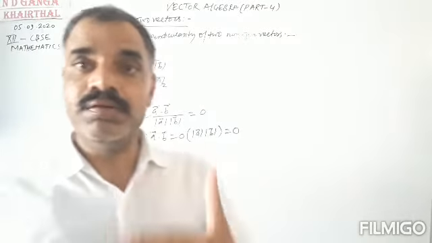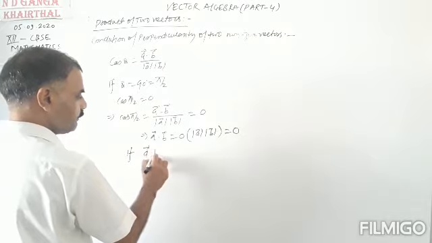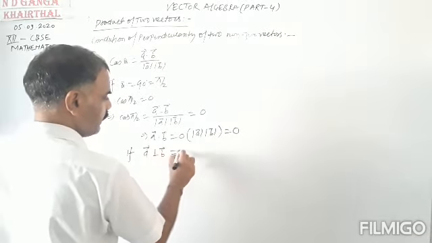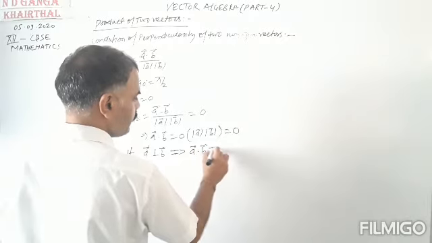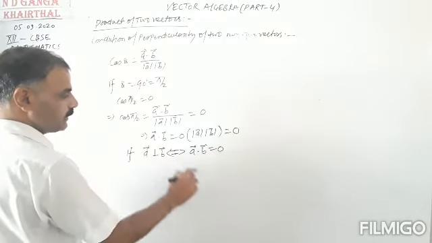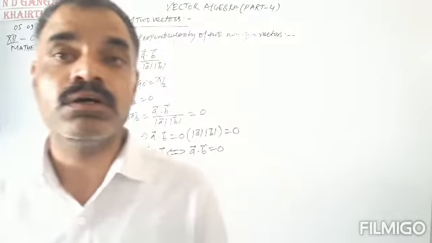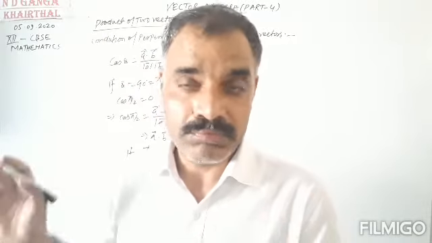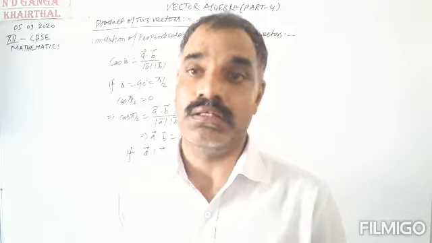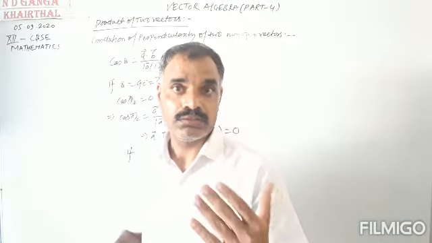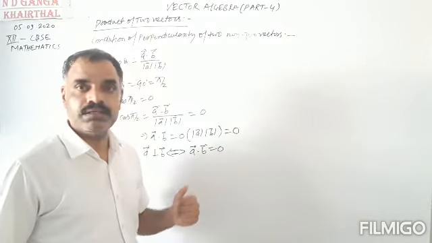If a vector is perpendicular to b vector, then a vector dot b vector is equal to 0, means dot product equals 0. Or if the dot product is equal to 0, then the given vectors are perpendicular if they are not zero vectors. So the condition of perpendicularity is a vector dot b vector equal to 0.